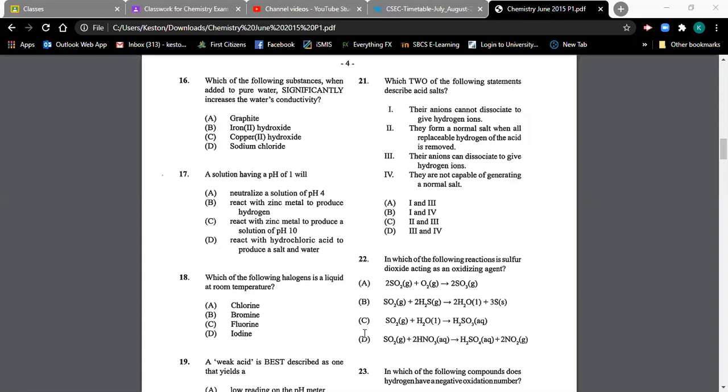One is wrong: the anions cannot dissociate to give hydrogen ions. And 4 is they are not capable of generating normal salts. Yeah, you guys are correct. C, 2 and 3. Right? This is the same topic too: acids, bases, and salts that fall under acid salts. Let me see what I have that I could give to you guys on that.